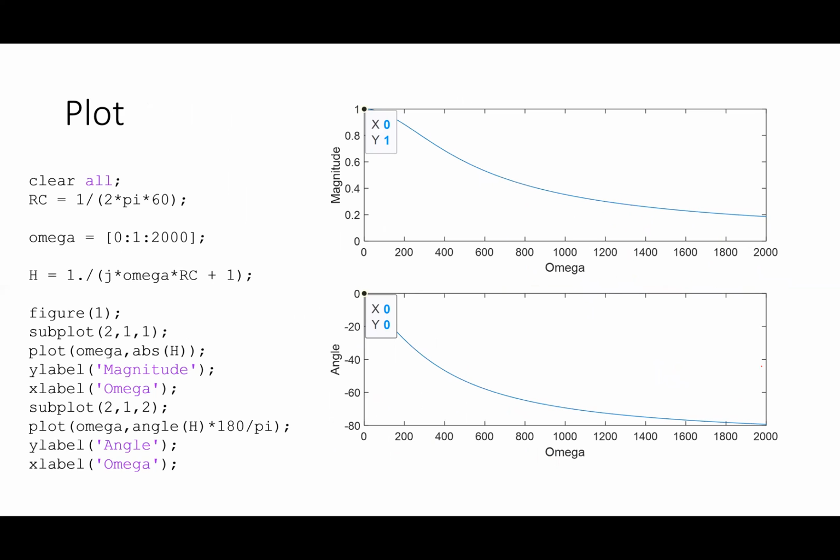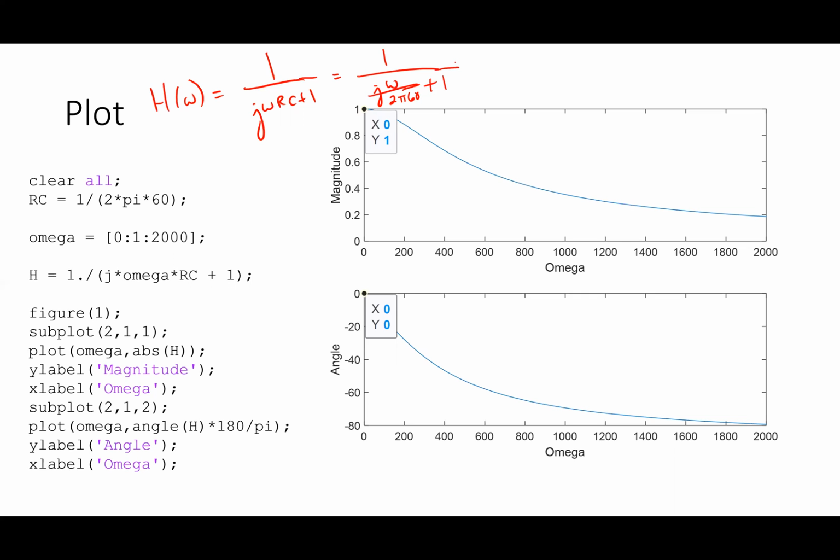So what I typically do, H of omega here, is 1 over j omega RC plus 1. And given the values that I've given you, that's 1 over j omega over 2 pi 60 plus 1.